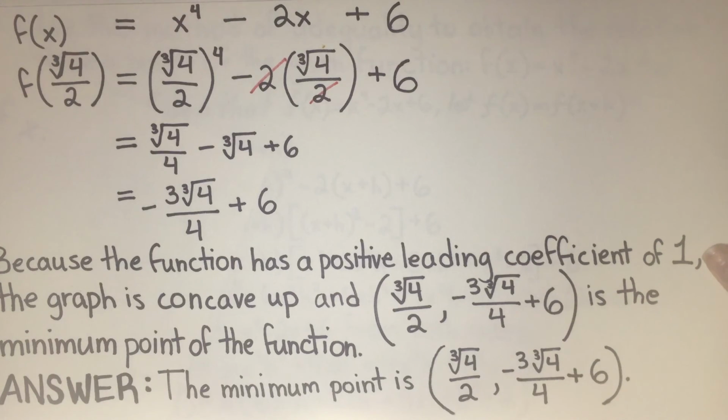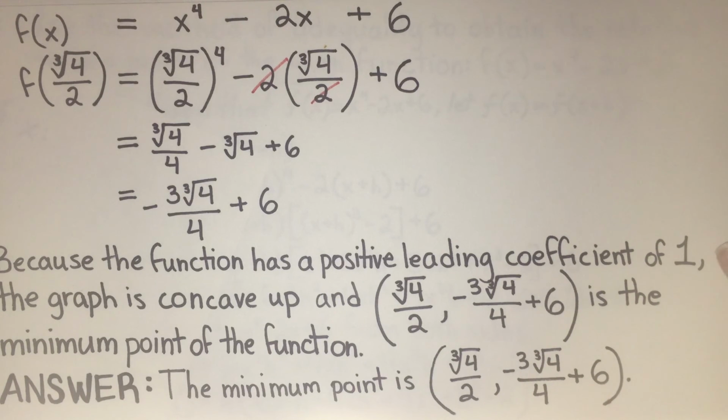Therefore, in conclusion, our answer is that the minimum point, the relative extrema, in this case we only have a minimum, is the cubic root of 4 divided by 2, comma, negative 3 cubic root of 4 divided by 4 plus 6.